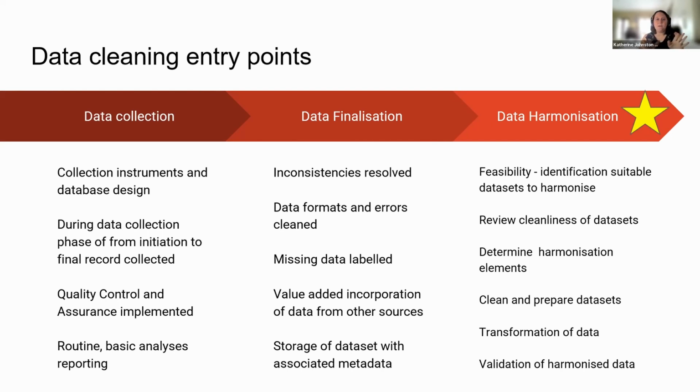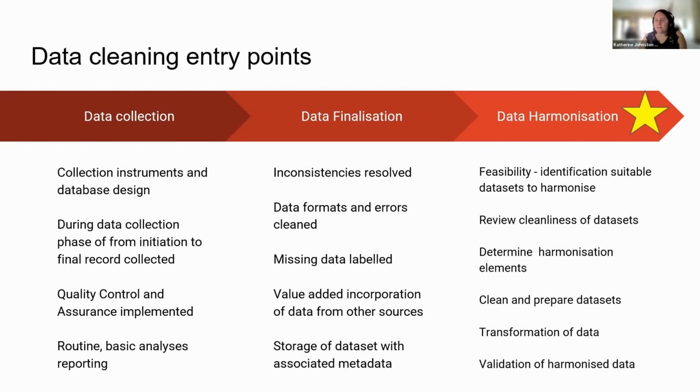So those 2 stages I'm not going to focus on either. We're going to focus on the assumption that within retrospective harmonization process, you are receiving that finalized data set. And I say finalized because you may find that it wasn't as clean as you hoped it would be.